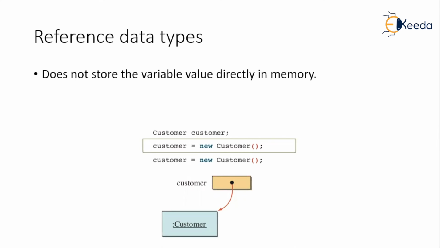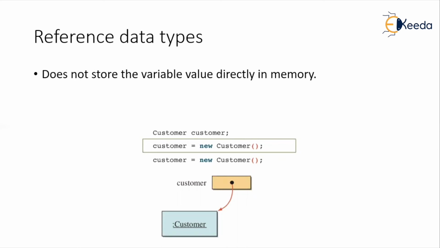This is the syntax of how we can create an object. So considering Customer is a class, and this customer is a reference of this particular object. Now here, this is the way we are creating a reference.